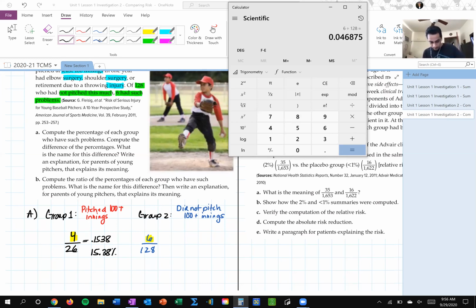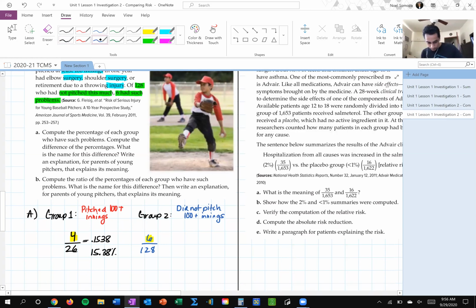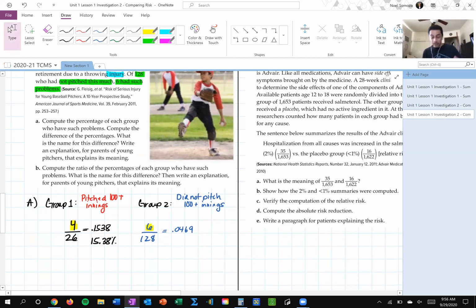This translates into 0.0469. As a percentage, when we move the decimal over 2 places, this is only about 4.69%, so a little less than 5%.